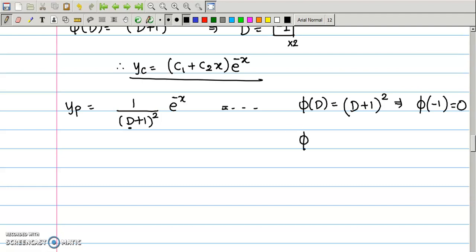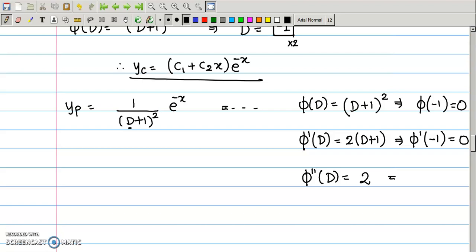So we differentiate the auxiliary equation; the derivative will be 2 times d plus 1. Now we replace d by minus 1 in the first order derivative, and this value is again 0. So we differentiate it again, and this derivative will be 2. After replacing d by minus 1, again we get 2.